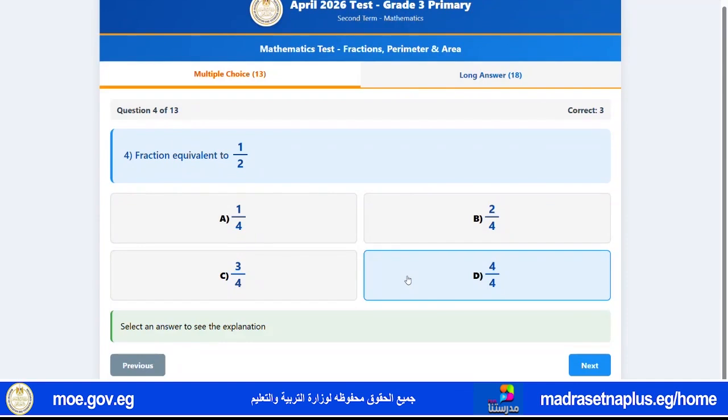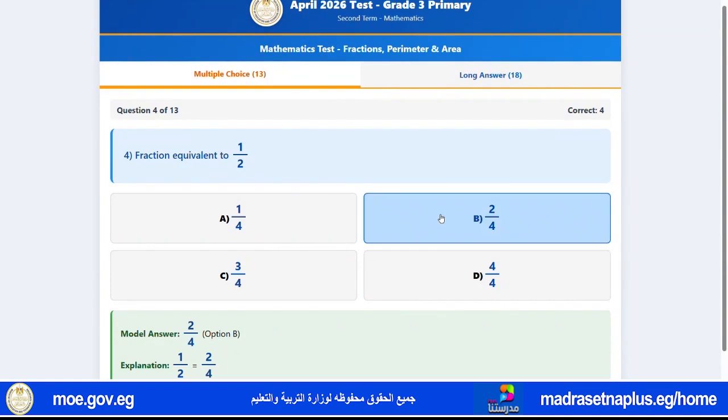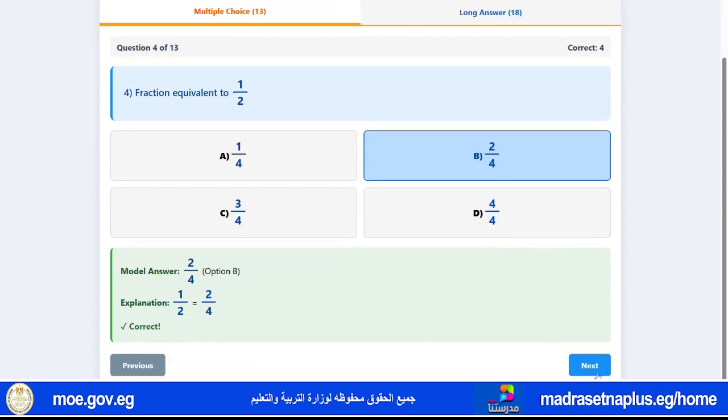Sometimes, if you have a fraction wall, you can get them easily using the fraction wall. So let's multiply the top and bottom by the same number. When I multiply 1 and 2 by 2, I get 2/4. If I multiply the numerator and the denominator by 3, I get 3/6. So 1/2 equals 2/4.